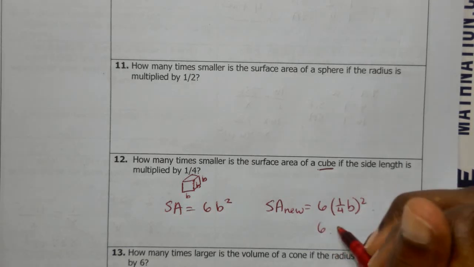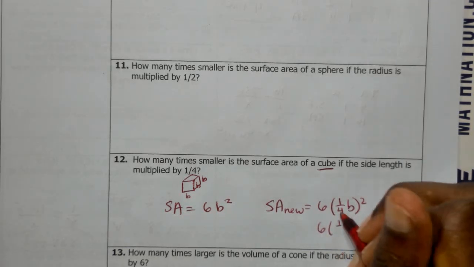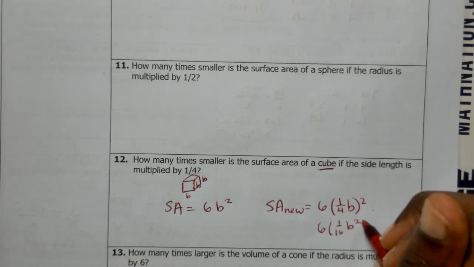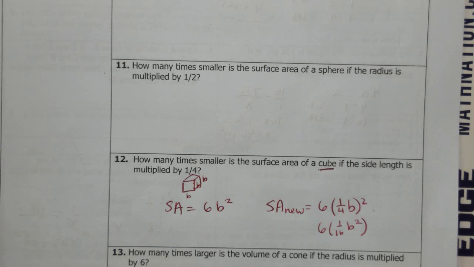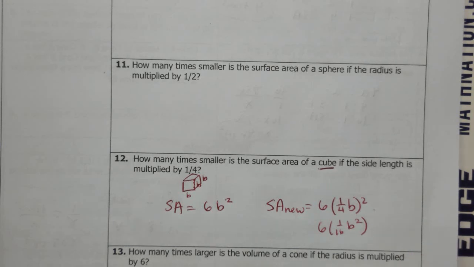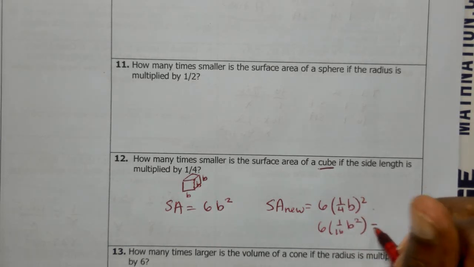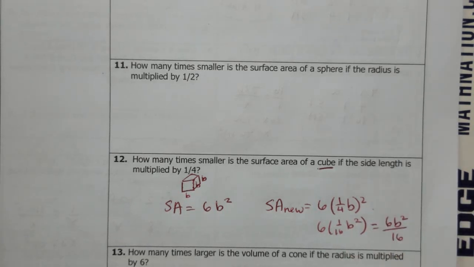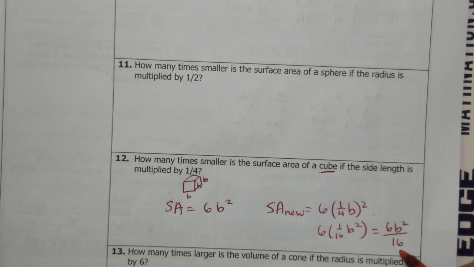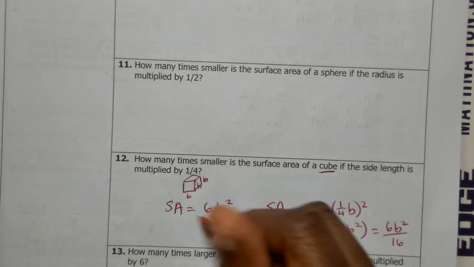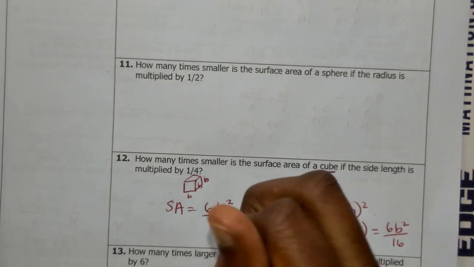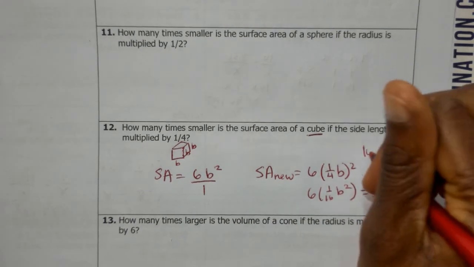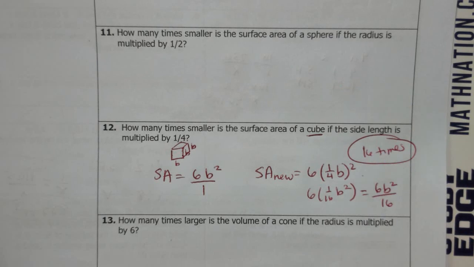So this is going to become 6, and if we square 1, we get 1, and if we square 4, we get 16 b squared. Everything else is the same in the formula, so 6b squared is still there, but it's divided by 16. So how many times smaller is it? 16 times smaller, because it's a 16th of the original, which is understood to be over 1.